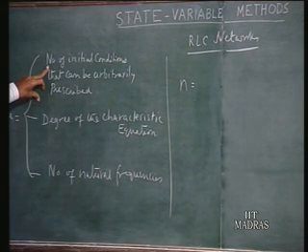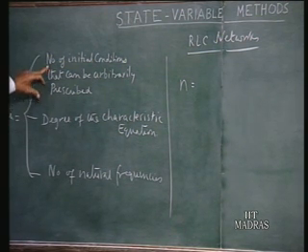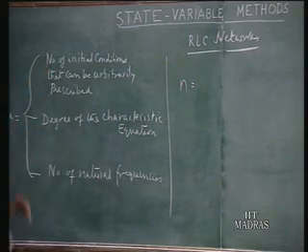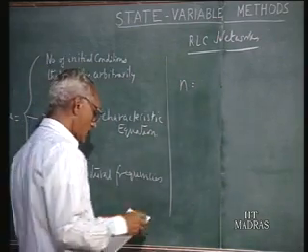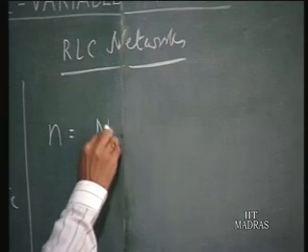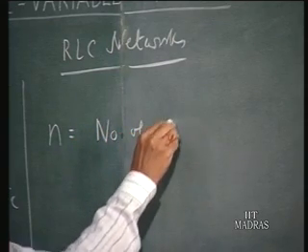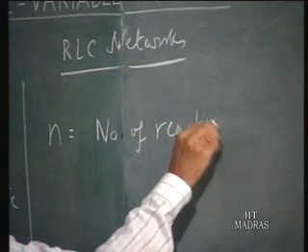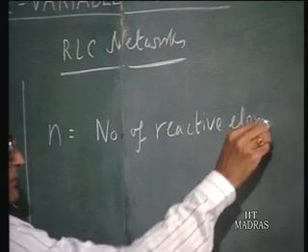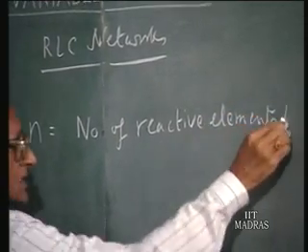Suppose you have 4 capacitors and 3 inductors, we can have 4 capacitor voltages and 3 inductor currents, therefore the number is 7. Therefore, for RLC networks we can say n happens to be the number of reactive elements, that is L and C.